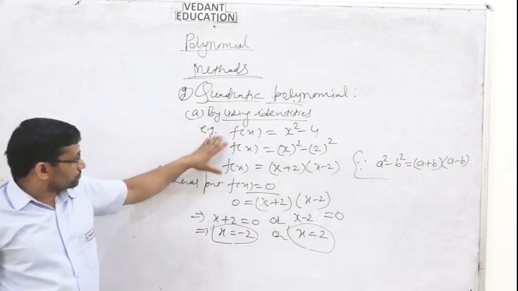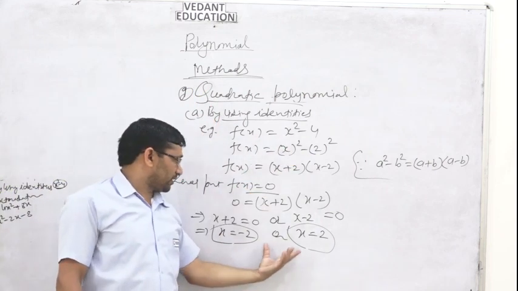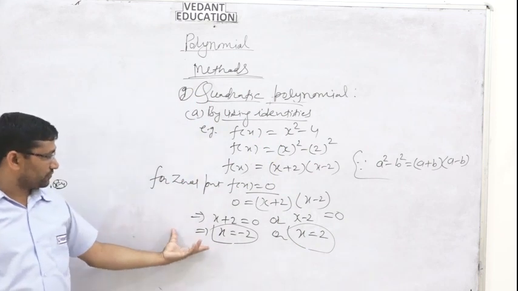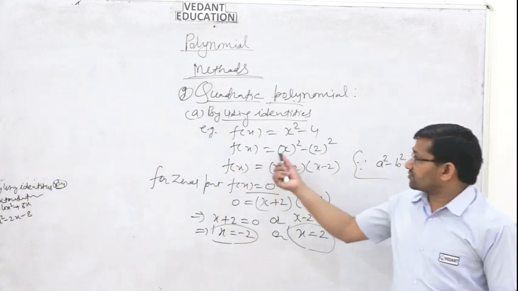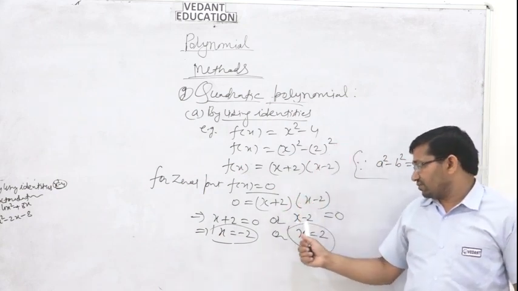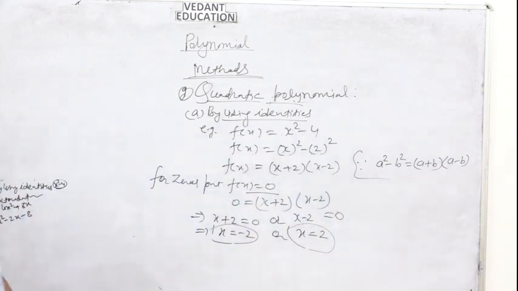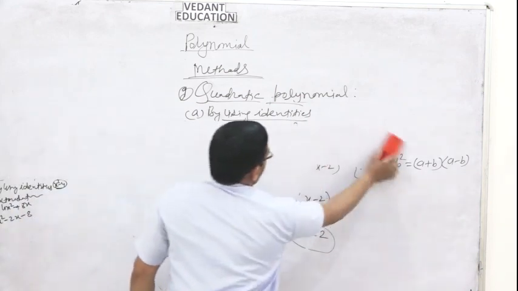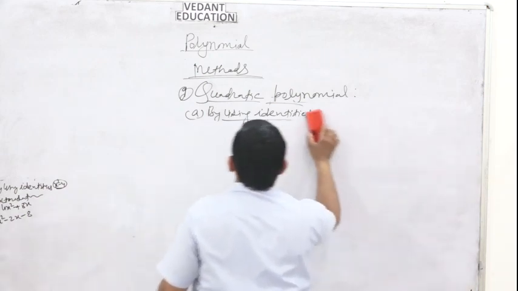So the zeros of polynomial f(x) is equal to x square minus 4 are x is equal to minus 2 and x is equal to 2. Because this is a quadratic polynomial, a quadratic polynomial has 2 zeros. So we can solve by using identities.